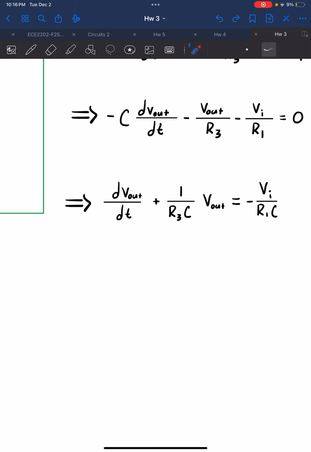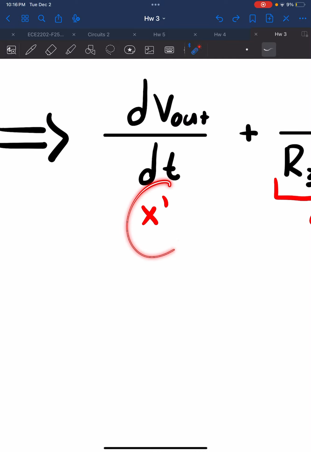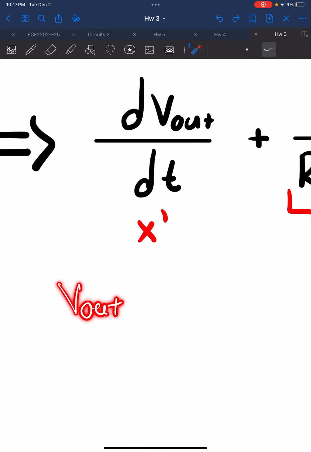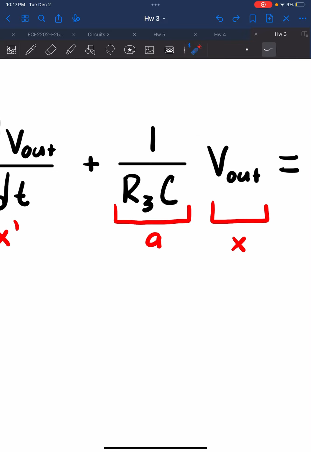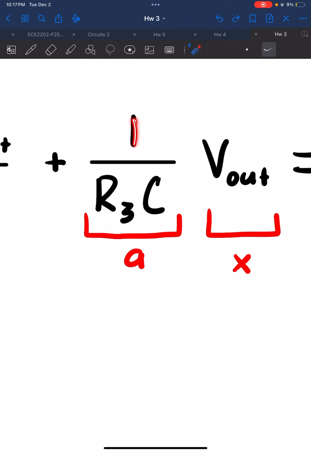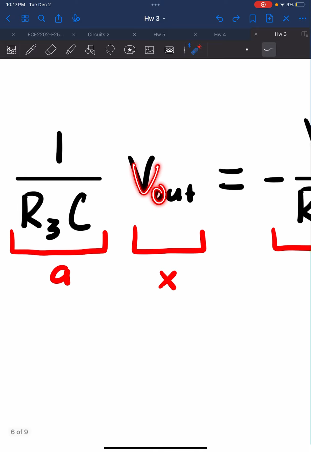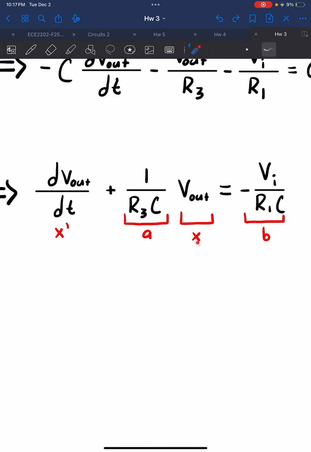So this right here is the form of a standard, I believe it's called a linear ODE, a linear ordinary differential equation. So we have our x prime, which is essentially V prime, or V out prime in this case. And then we have a constant A. Remember, 1 over R3C is a constant multiplied by V out, which again is playing the role of our x term.